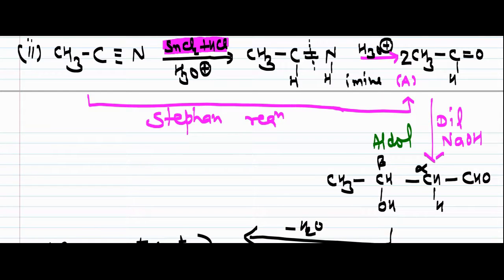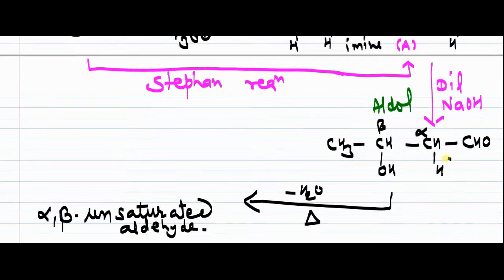On heating, an alpha beta unsaturated aldehyde is the result.